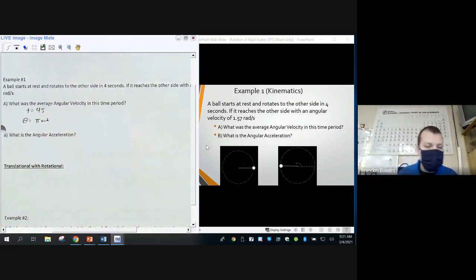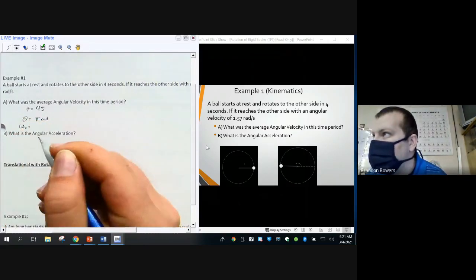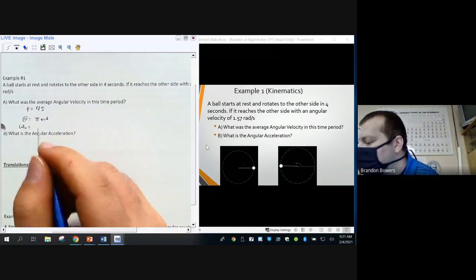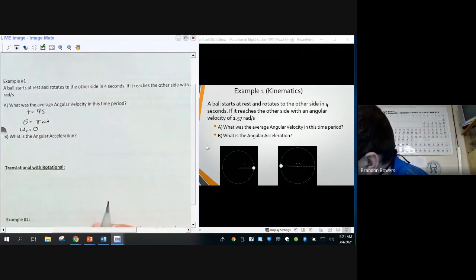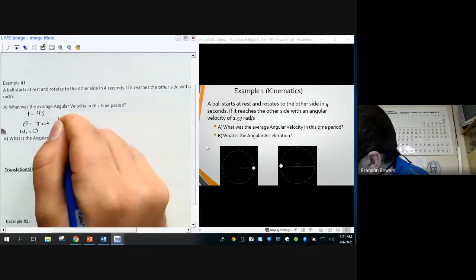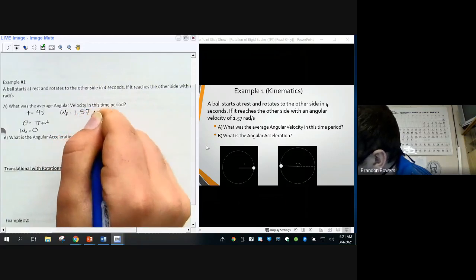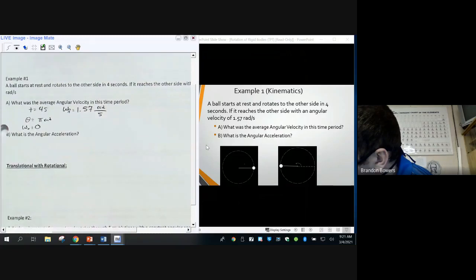Okay. So we know our omega initial, or in other words, our velocity initial. 0. It starts from rest. Do we know our omega final? 1.57 radians per second. Okay, we know a lot of information already.